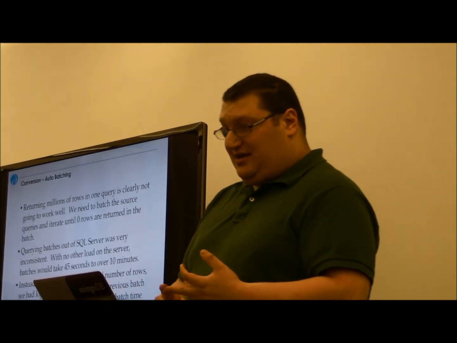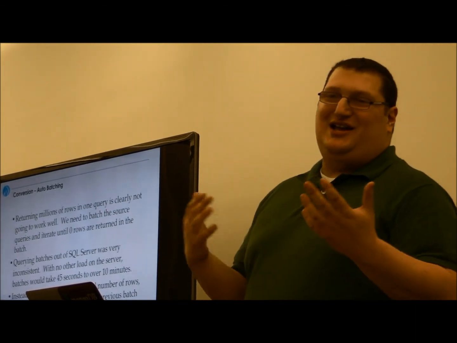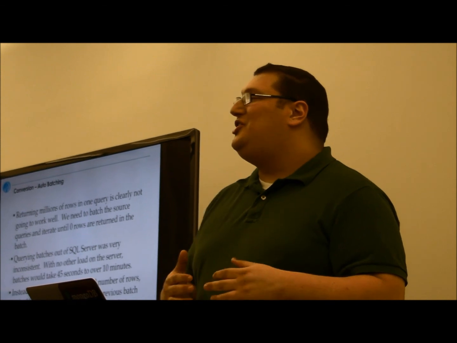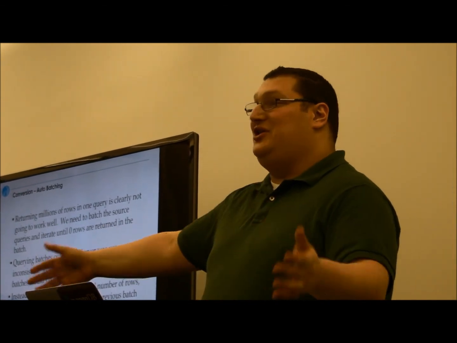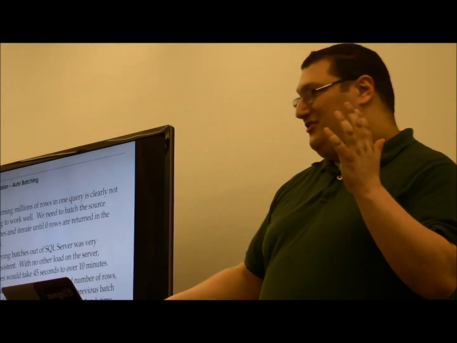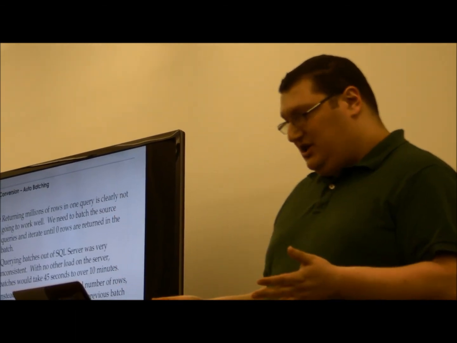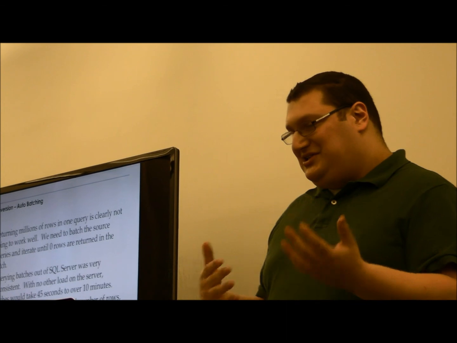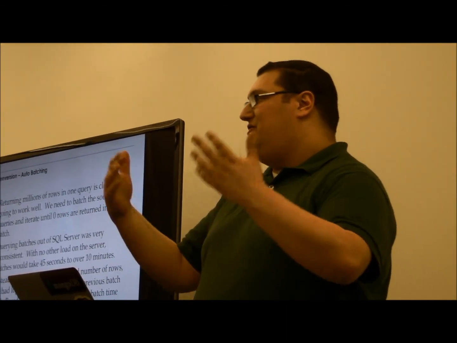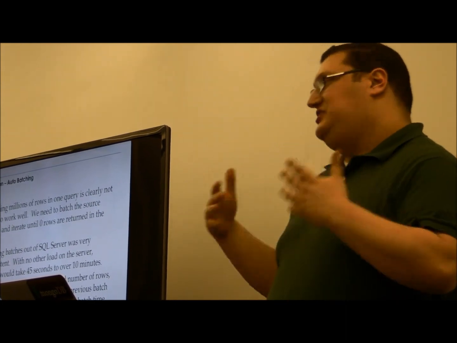The next key thing is something we all came up with on the team called auto batching. Clearly, we're not going to query all 19 million rows in one query. We'd run them in memory, and SQL Server would think we're crazy. So we're going to do batches. We originally wrote it to do 100 or 1,000, some fixed number each time.